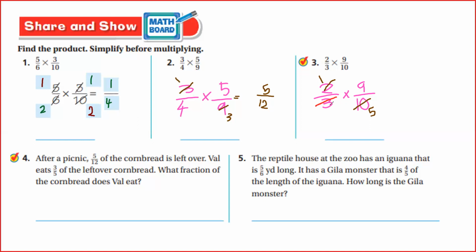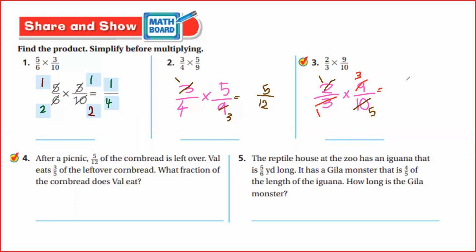And here 3 and 9. First we start with 3. 3 divided by 3 will give us 1. Bravo. 9 divided by 3 is 3.